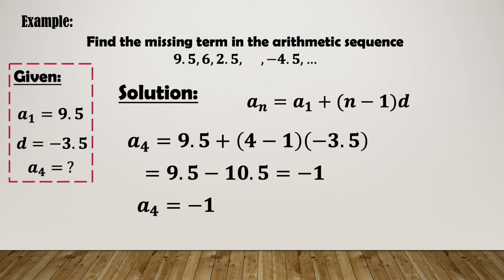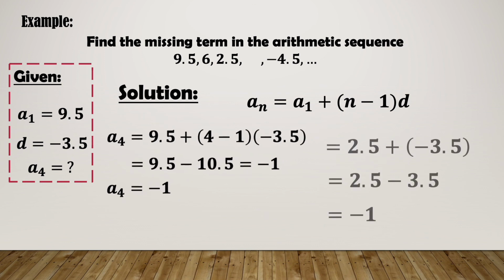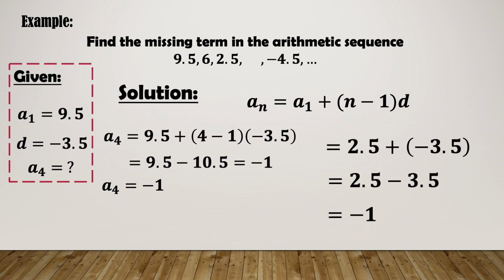To verify the answer you obtained, simply add negative 3.5, which is the common difference, to its preceding term, 2.5. So 2.5 plus negative 3.5, we have 2.5 minus 3.5 is equal to negative 1. So same answer. And that's for arithmetic sequence.